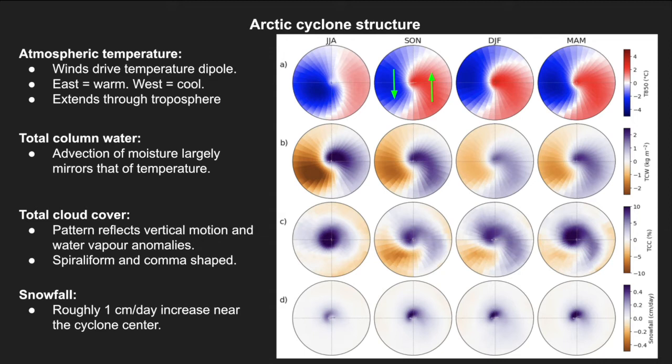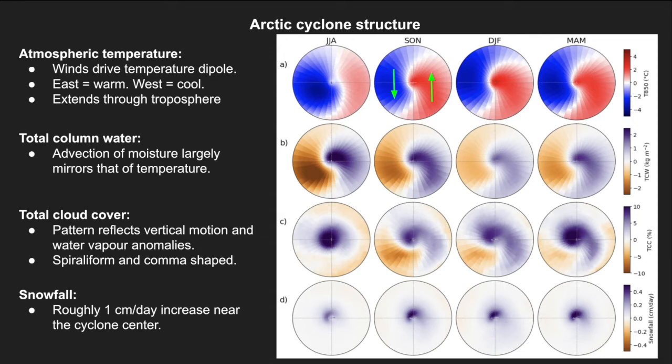And these advect temperature to form a temperature dipole in each season. So warm air comes up from the south to the east of cyclones, and cold air comes down from the north to the west of cyclones. And this pattern we've shown here for the 850 hectopascal level, but it extends throughout the troposphere.